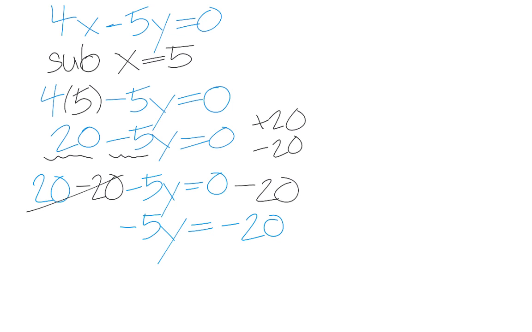Again, at this point, I want to get rid of this negative 5. When you have a number beside a variable, it's actually multiplication. So what I have here is multiply by negative 5. The opposite operation of this is divide by negative 5. I'm going to divide both sides by negative 5.